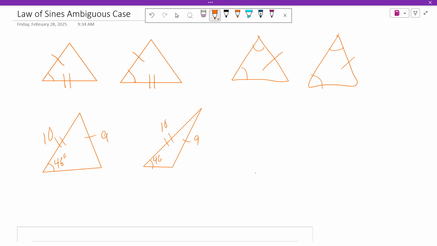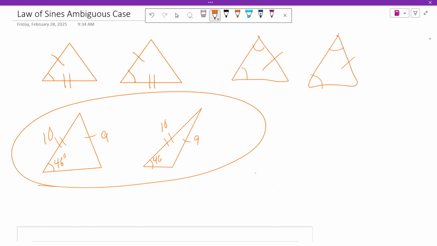Now, today, we're going to look at the law of sines and how sometimes we'll have two triangles. And sometimes we'll have no triangles.